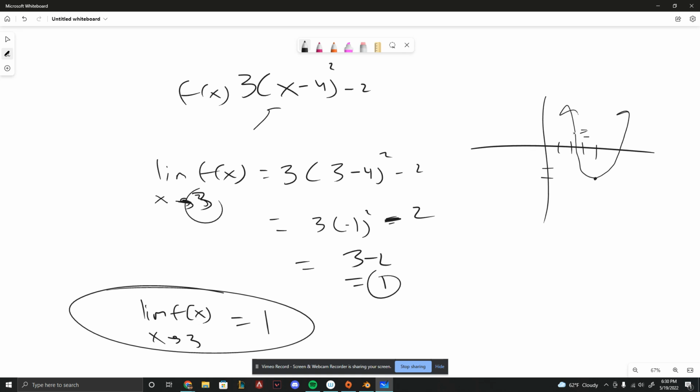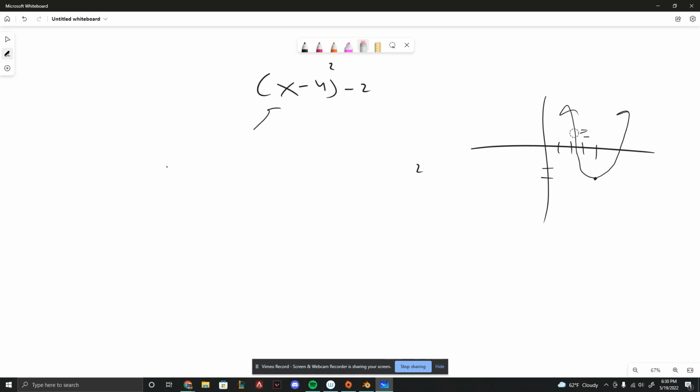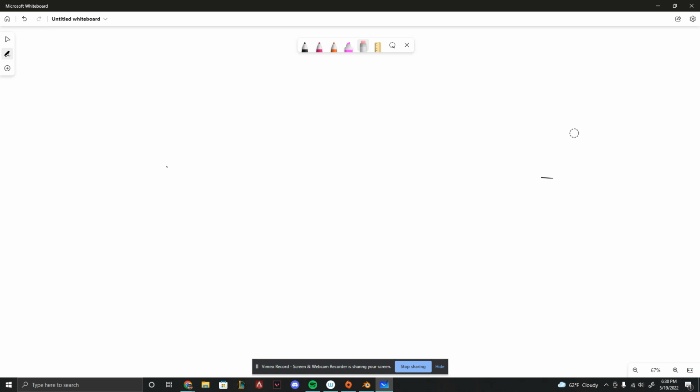So let me give you guys another example real quick. Let's say we have f of x equals 2x minus 3 over 4x plus 5.